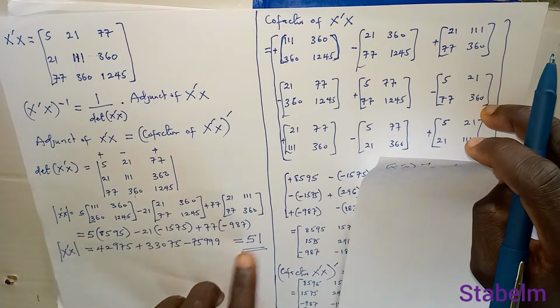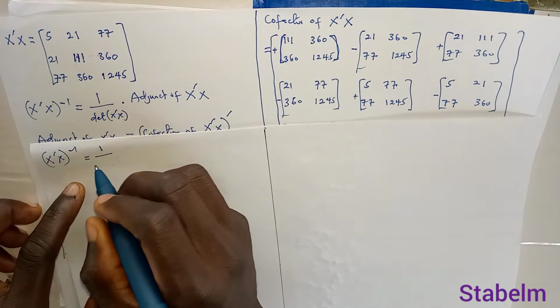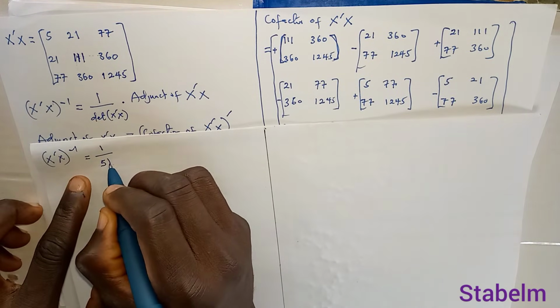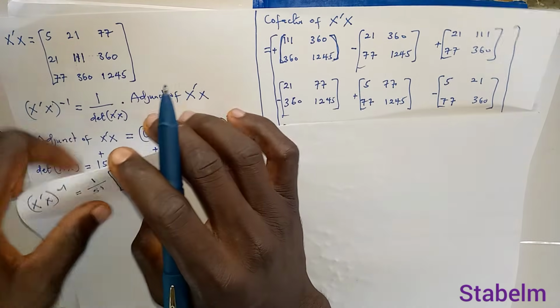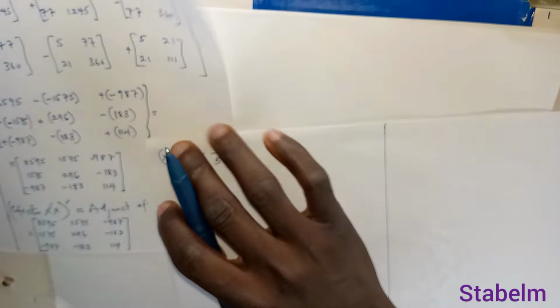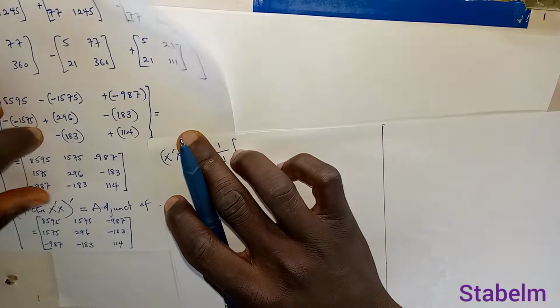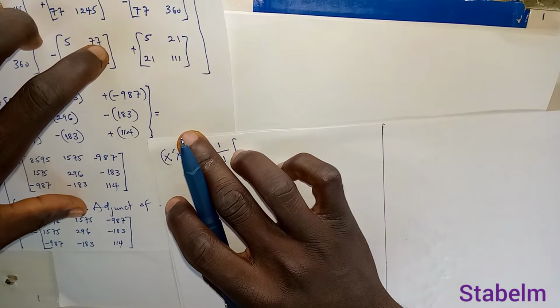The determinant of x prime x here is 51. So here we're going to have a 51 multiplied by this adjunct of x prime x, and right from here the adjunct of x prime x is 8595, 1575.